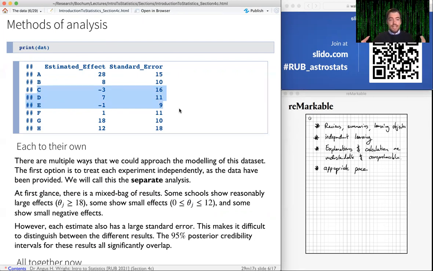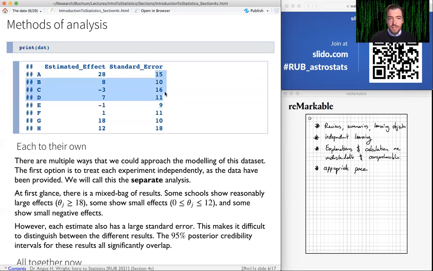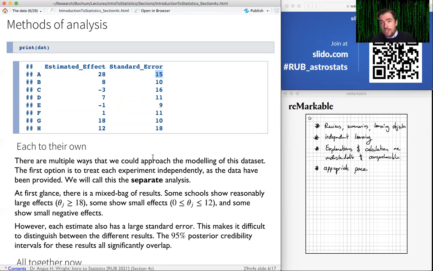So there's quite clearly a lot of variance here, but there's also a large standard error on each one of these measurements. So it's difficult to get any sort of population information from these individual estimates given the wide spread.